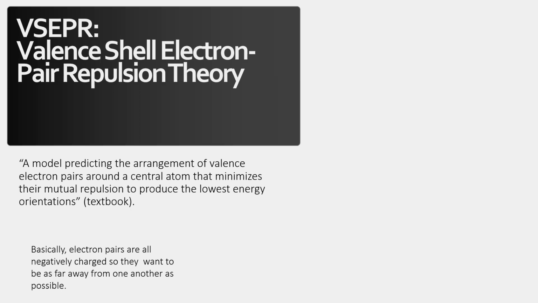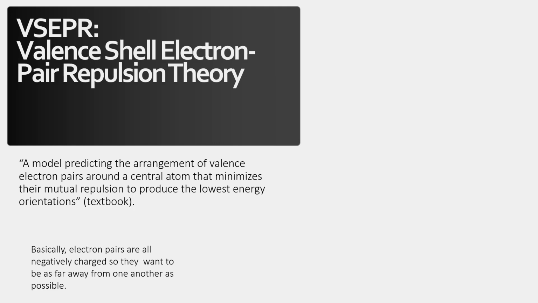And that's a textbook definition. Basically what this means is that electron pairs, we know, are all negatively charged. And because particles that are charged similarly tend to repel each other, electron pairs tend to repel one another. They want to be as far away from one another as possible. Now, nature wants to expend as little energy as possible, just in general.